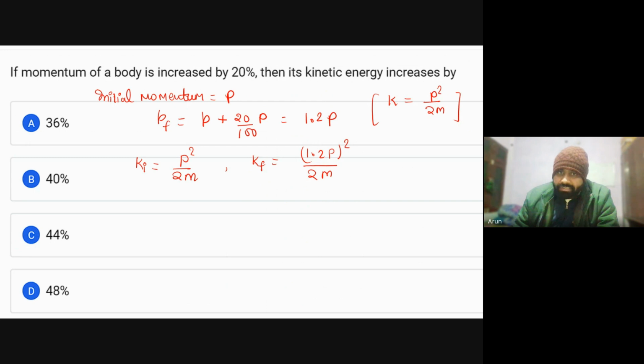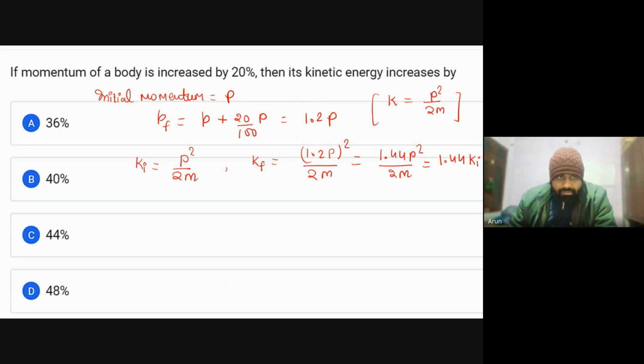Mass is not changing. Equals 1.2 square, which will become 1.44 P square upon 2m. This P square by 2m is nothing but the initial kinetic energy. So we can say it is 1.44 times kinetic energy initial.